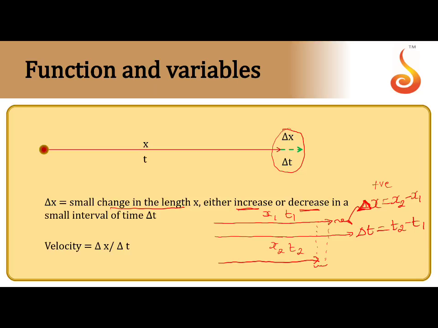And delta t is a very small interval of time. After your 10th standard, whenever you are going to speak about physical quantities, you will come across these small changes always. So here I repeat once again, delta x represents the small change in the length x. It is typically x2 minus x1 or x1 minus x2, whichever is larger.